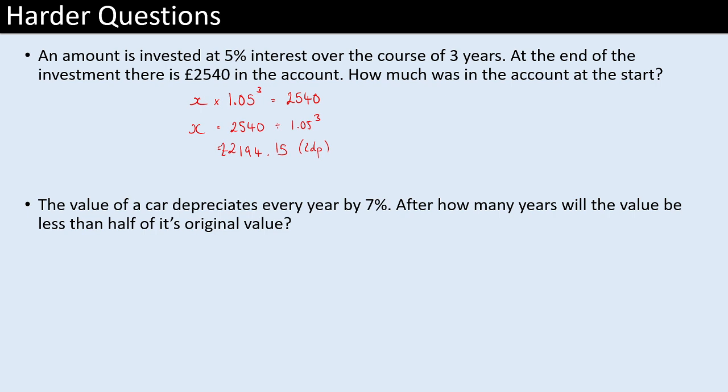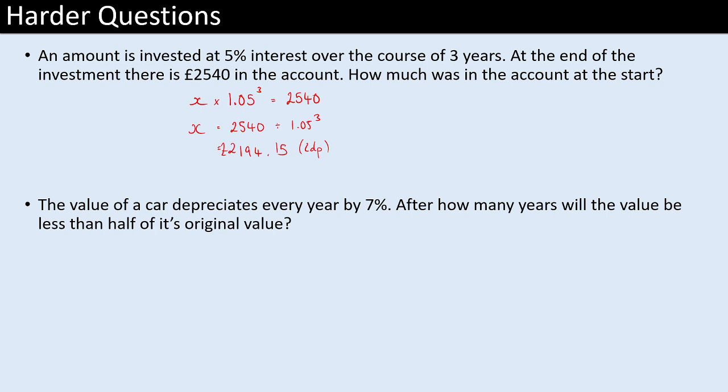Checking out this second question underneath. Okay. We've got the value of a car depreciates every year by 7%. And we want to know after how many years will the value be less than half of its original value. Okay. So this is a question where we're going to have to perhaps use a little bit of trial and error.